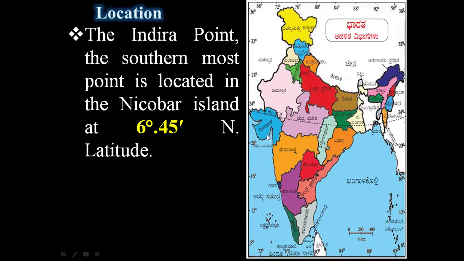What you are seeing marked in red is Indira Point, the southernmost point, located in Nicobar Island at 6 degree 45 minutes north latitude. That is the latitudinal extent of India. Here the southern tip of the Indian mainland is Kanyakumari, whereas the southernmost point of India is in Nicobar Island, called Indira Point, at 6 degree 45 minutes north latitude.